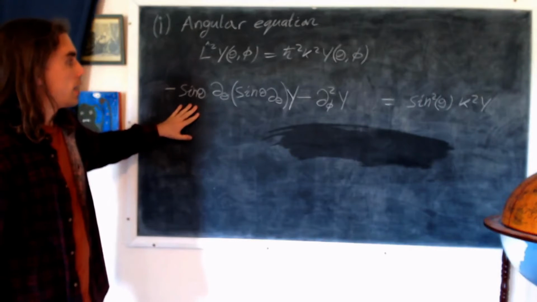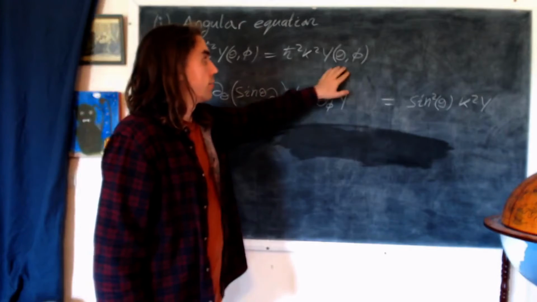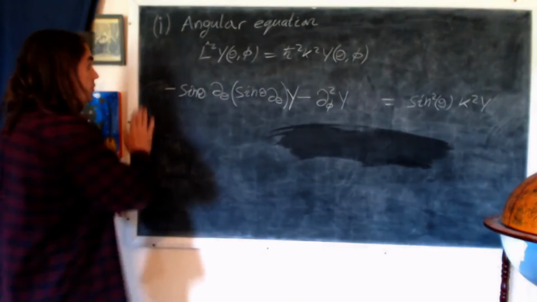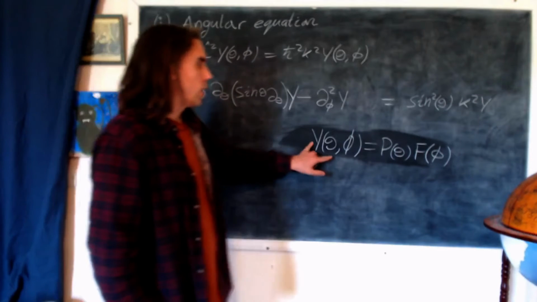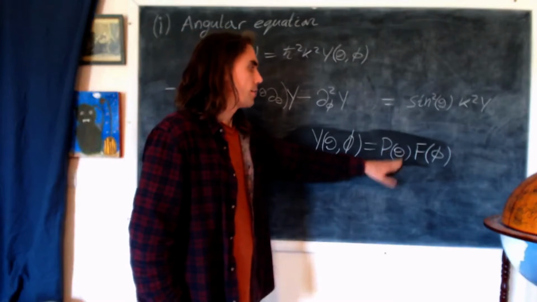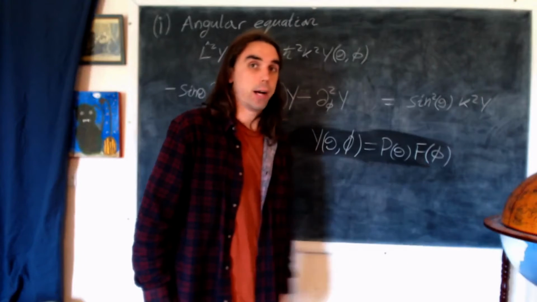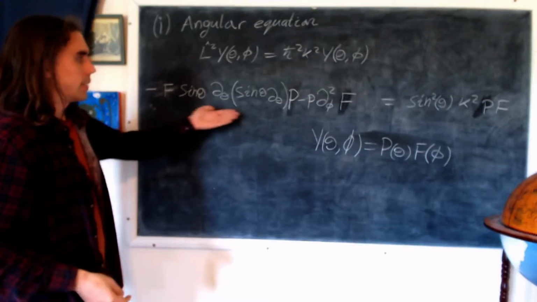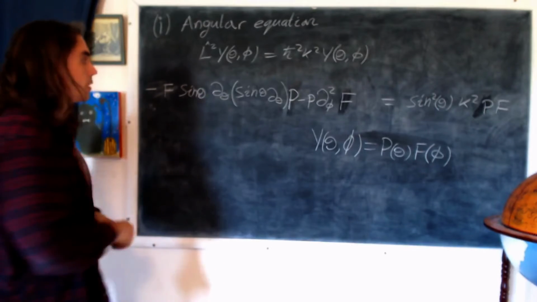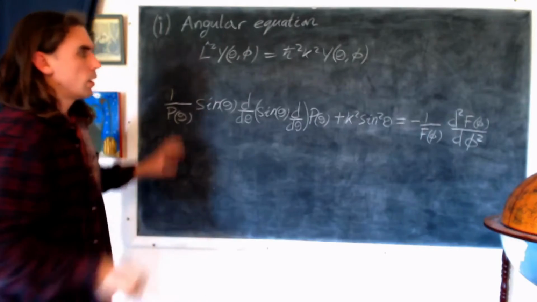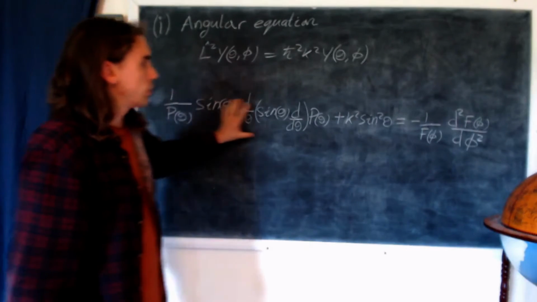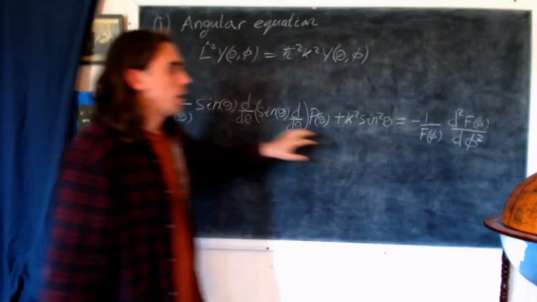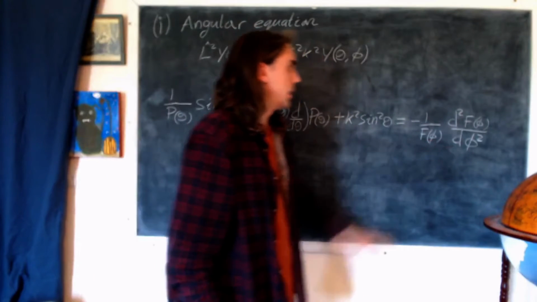So this Y is a function of theta and phi, but actually this equation is once again separable using the following definition. So define Y of theta and phi to be a function P of theta multiplying a function F of phi. We insert that into the equation to find, and in the usual way we divide through by PF to get the result, where I've rearranged slightly to get only functions of theta on this side, and so these derivatives again have become total derivatives, and only a function of phi on the right hand side.